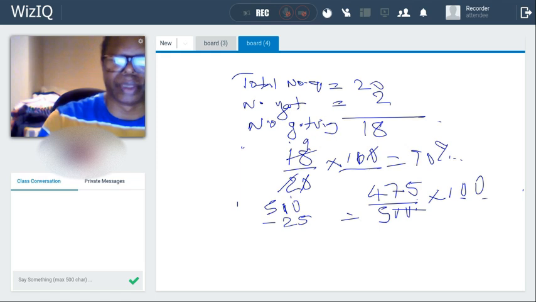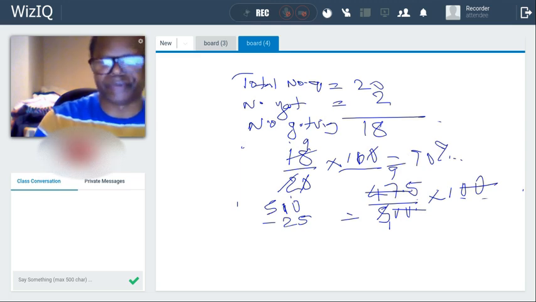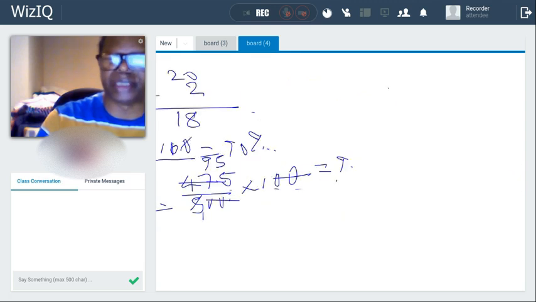The zeros cancel. 5 into 47 is 9, 9 times 5 is 45, 45 from 47 is 2, and 5 into 25 is 5. So it's 95%. That's the other way of doing it.